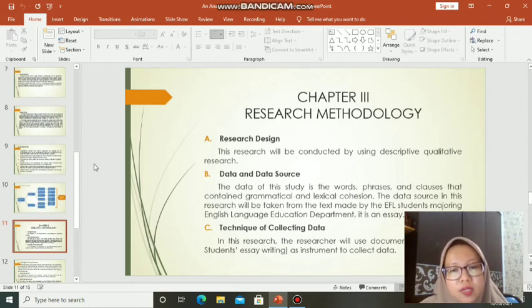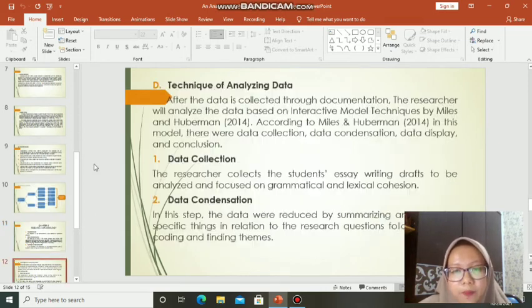The data source in this research will be taken from the text made by the EFL students majoring in the English Language Education Department. It is an essay. And then the technique of collecting data. In this research, the researcher will use documentation, which is the EFL students' essay writing, as the instrument to collect data.